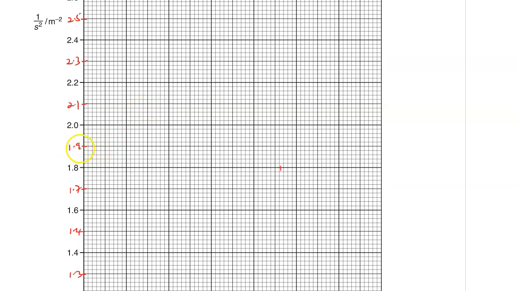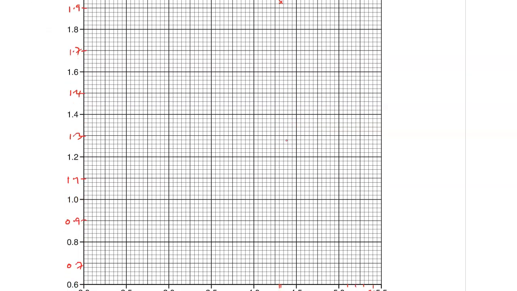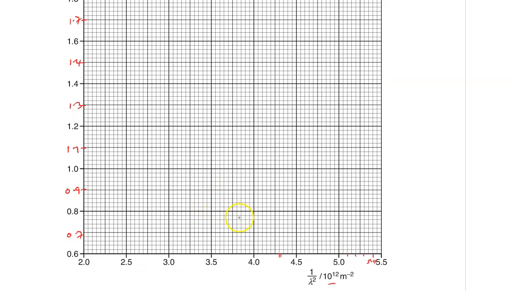So 1.9 is here. So 1.93. So this is 1, 2, 3. So here. There. Can erase this. The next is 3.56 for the reciprocal of lambda. So this 3.5. 3.6, 3.7 all the way to 4, so 3.56 is somewhere here.